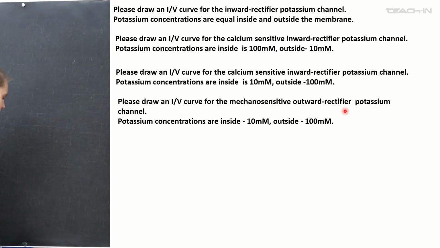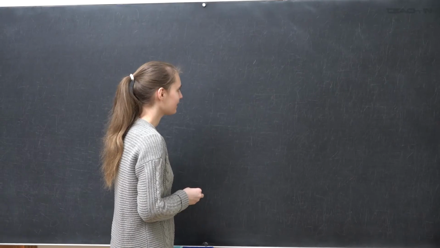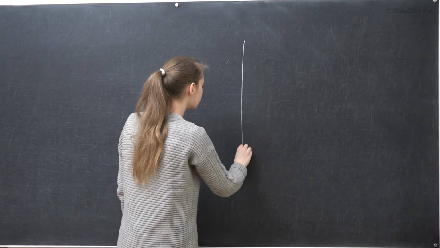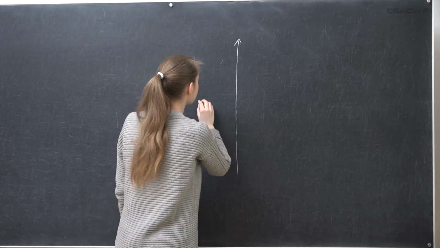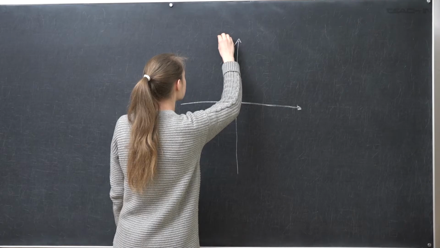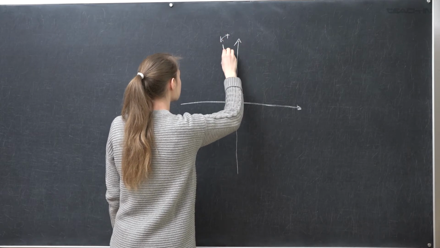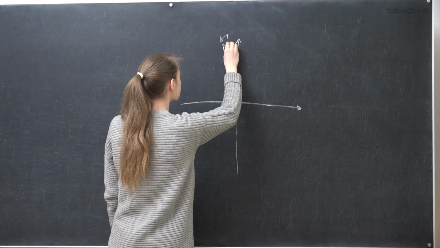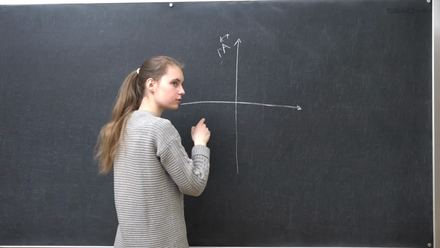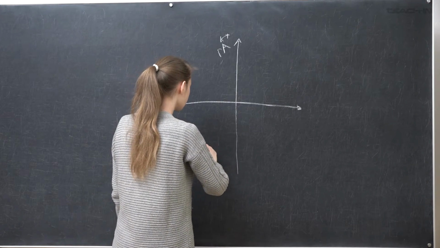IV curve for inward rectifier. Okay. Potassium. We are doing potassium. Positive ions. Inward rectifier, equal outside and inside concentrations.